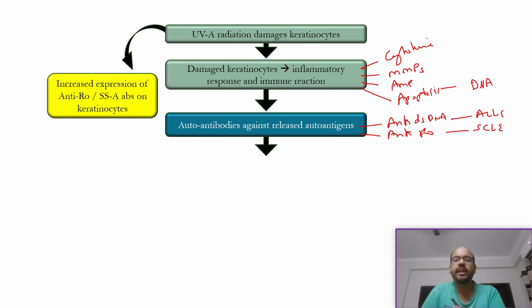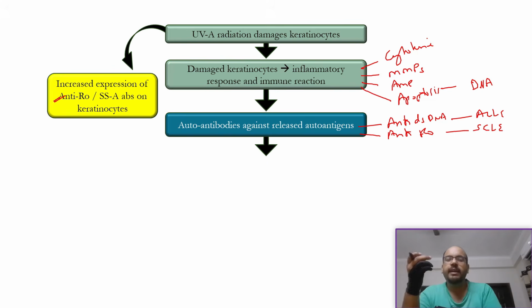Additionally, UVA radiation also increases the expression of antigens over the keratinocytes. Normally these Ro molecules, these SSA molecules, are inside the cell. But if the cell is destroyed, they are released outside and immune cells will recognize them and form autoantibodies.